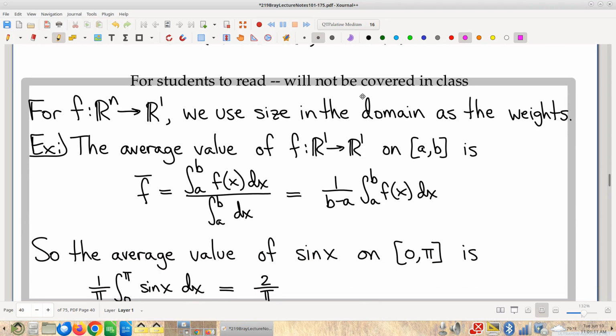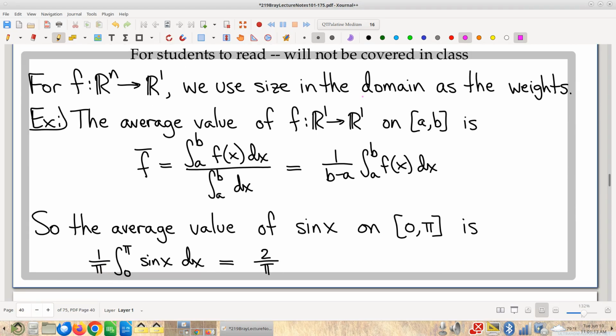Okay, so the big idea of this next thing is that you can do the same thing for a function. If you think about it, a function is a bunch of values, and you could reasonably talk about averaging the values of the function. Problem is, there are infinitely many values of a function. I can't add up infinitely many things and then divide by infinity. That doesn't work, right?